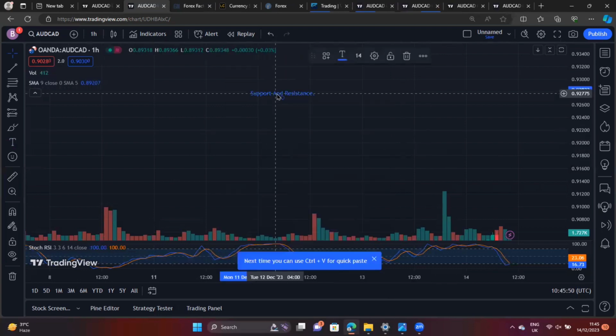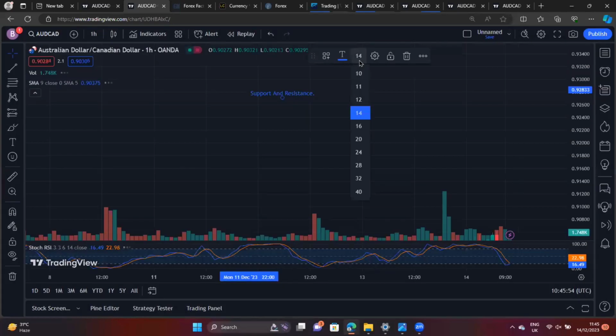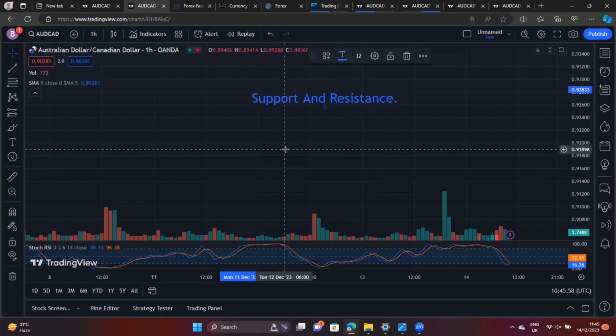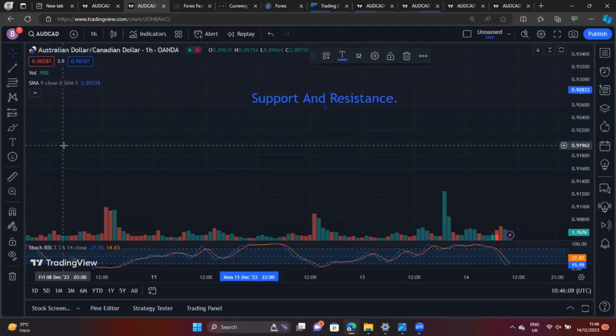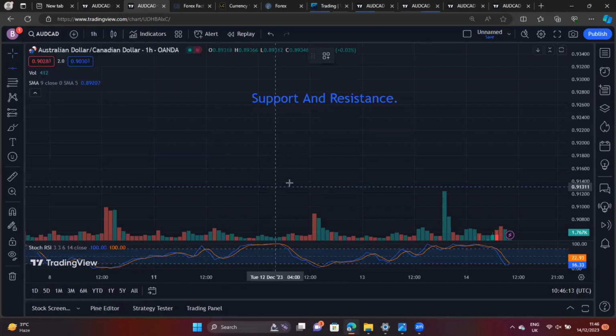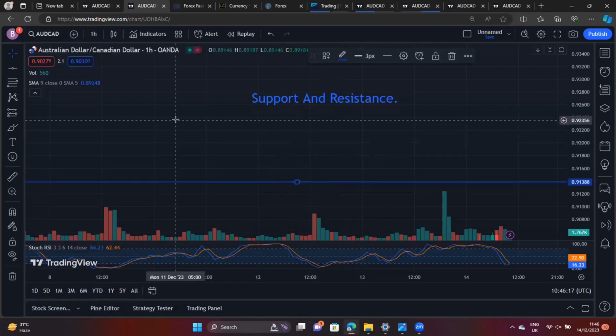You get a basic meaning of what support and resistance is. All right? So support is otherwise known as the floor. I will use this for instance.